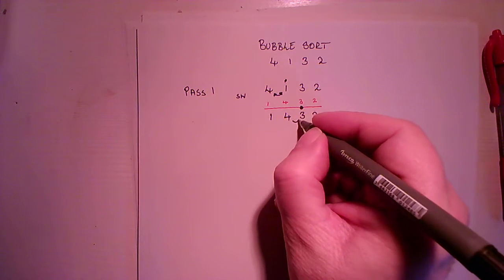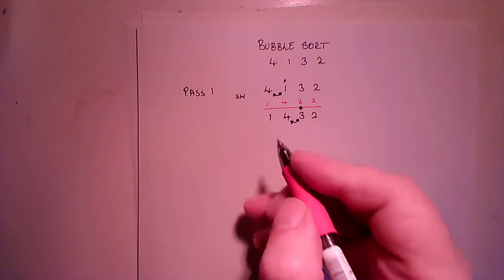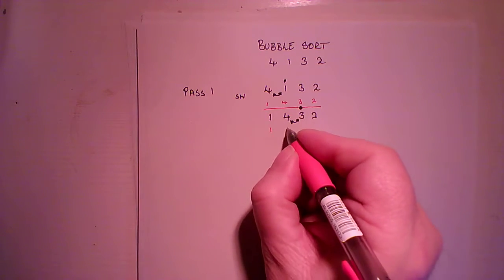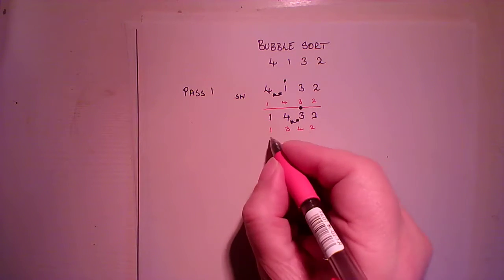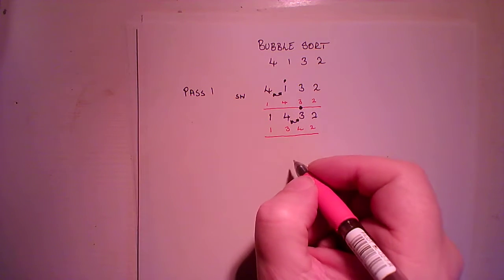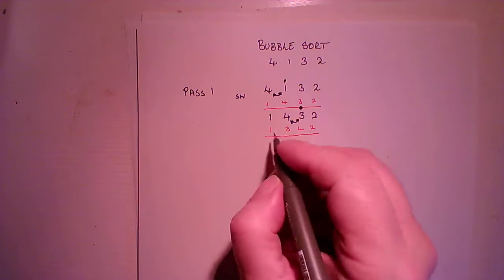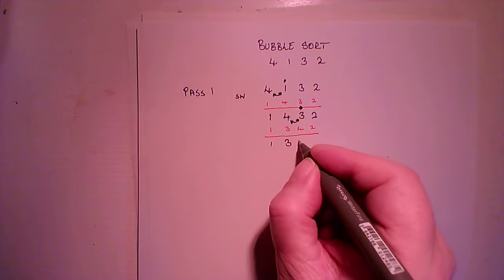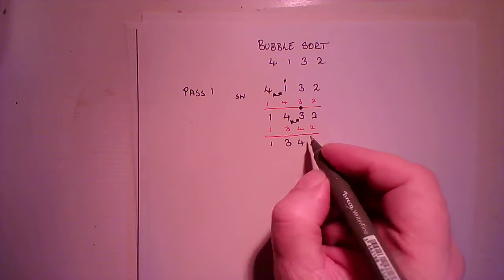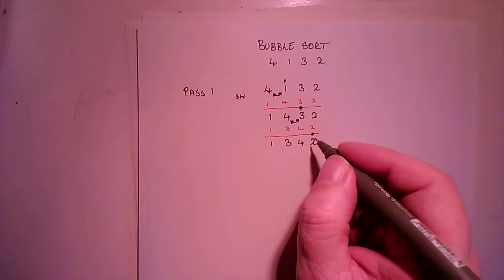3 is less than 4, so I am going to swap them over. So I get 1, these two swap positions, and I get 2 at the end. Okay, so that's that one done. And then I've already written down swap, so I don't need to write it again. I'm going to rewrite out my number. That's the next thing I'm going to go for, and put the dot on top of the 2.